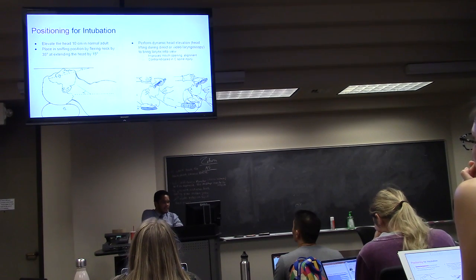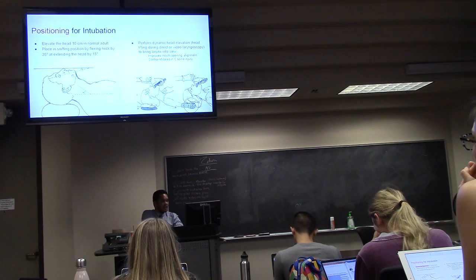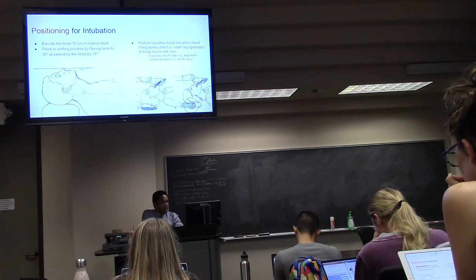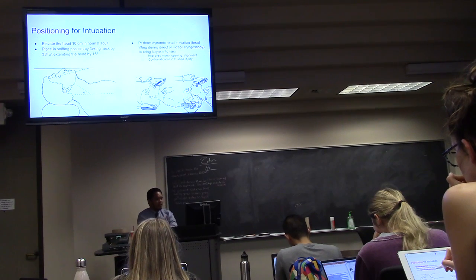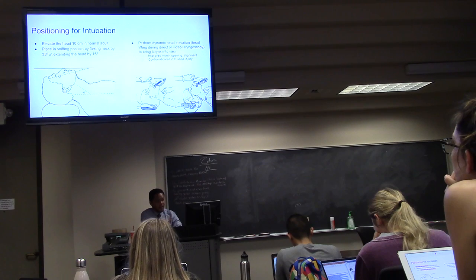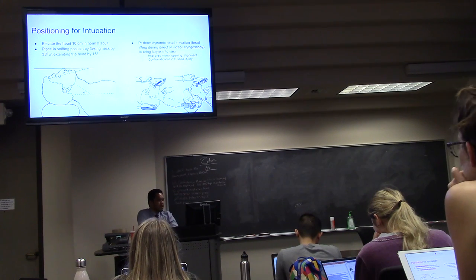You need to put at least 10 centimeters, like a couple of blankets or a pillow. And then once you have that, you have to extend their neck at least 15 degrees to open up the airway. And if that's not adequate, you can lift their head up. It's called dynamic head elevation. You can literally grab their head while you're trying to look at their airway, and try to elevate it up or down. See whether that helps you visualize the larynx.